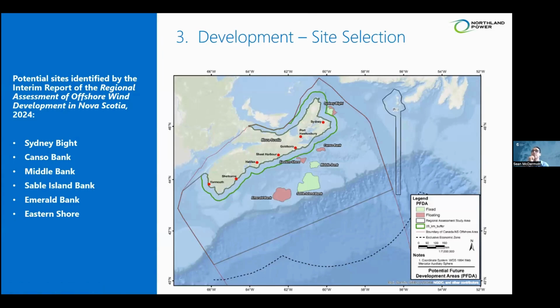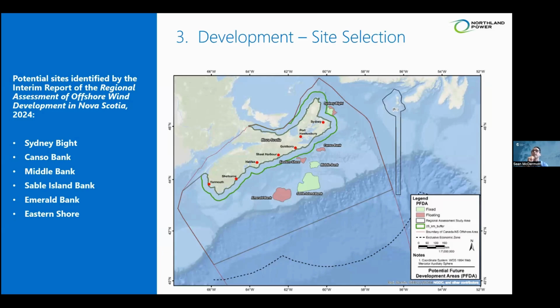So this map was released as part of the interim report for the regional assessment of offshore wind. The first thing to mention is that this is not by any means final. It was proposed for potential sites identified by the regional assessment, but it's not explicitly created as final sites.